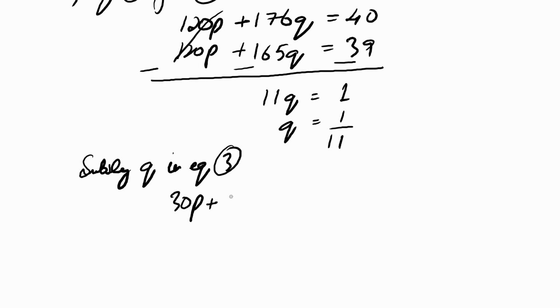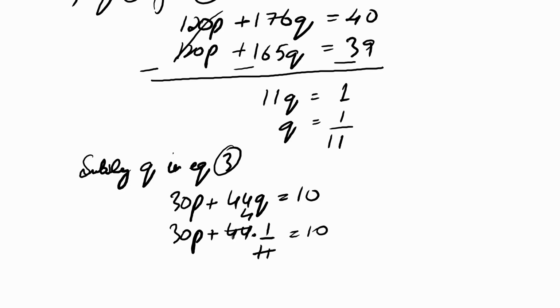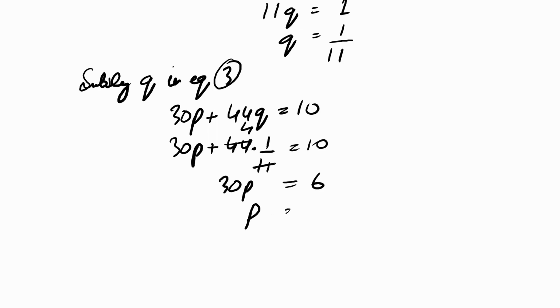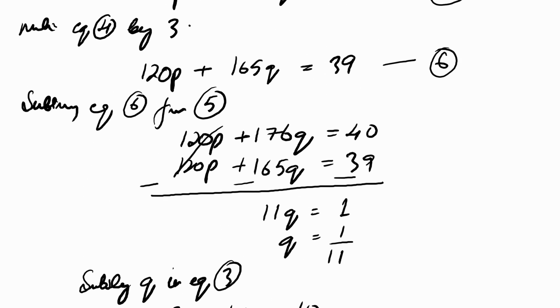I will write 30p plus 44 into 1 upon 11 is equal to 10. This will happen 4. This will become 30p is equal to 6. So p will become 1 by 5.